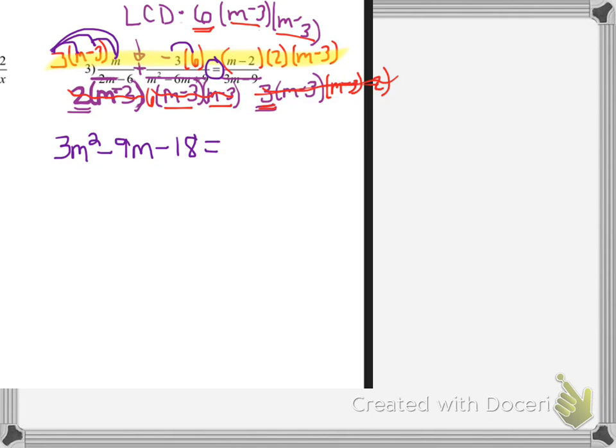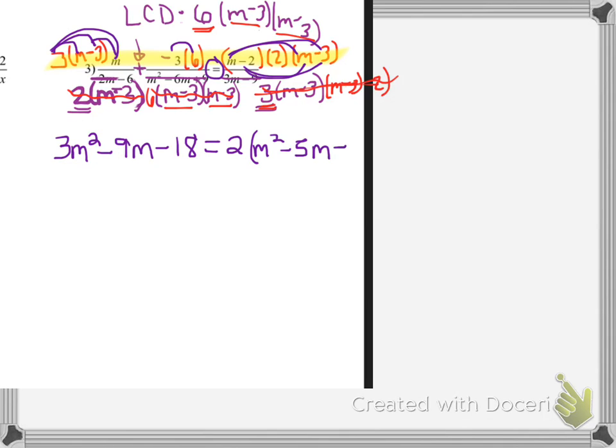And then over here I have a 2. And then let's just go ahead and leave the 2 for now. And then you've got m times m is m squared. And then that's what? Negative 3m and negative 2m is negative 5m.